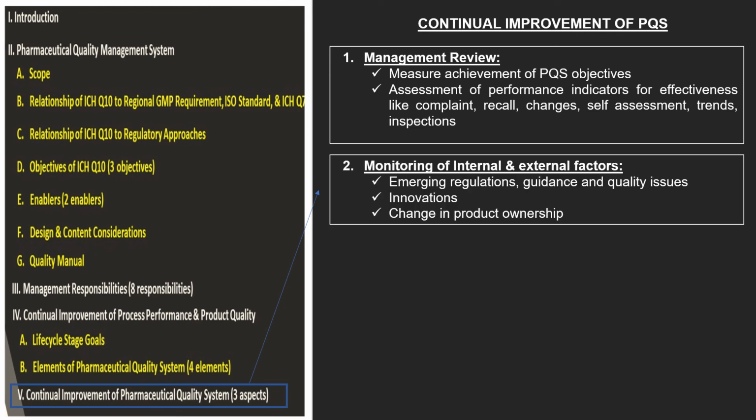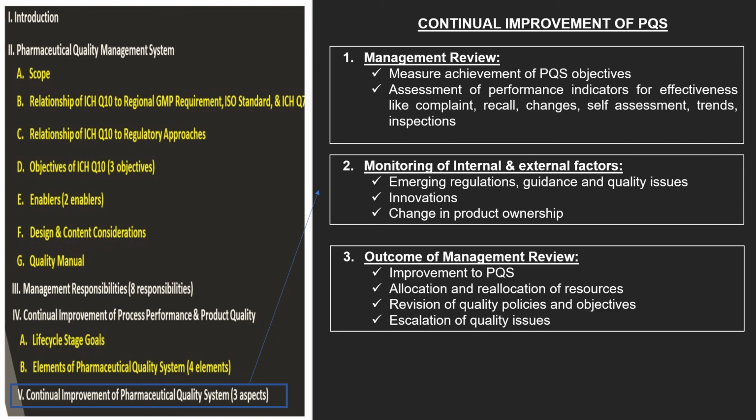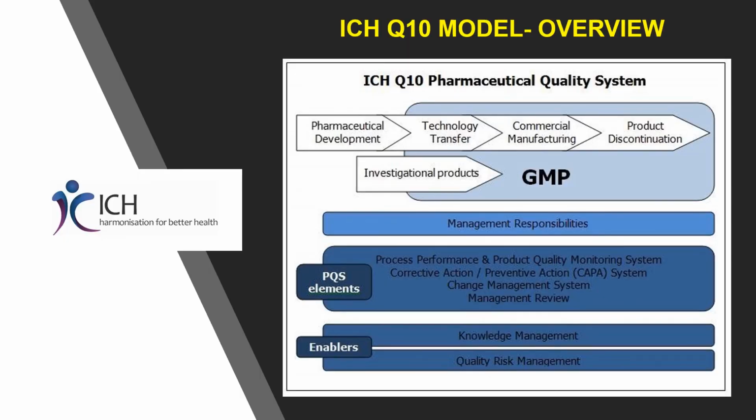Monitoring of the internal external factors like any new regulatory guidance, any new regulations or quality issues, innovations in the market that are taking place and changes in product ownership, and the outcome of management review. That is improvement to the pharmaceutical quality system, allocation and relocation of resources, revision of the quality policy and objectives, and escalation of quality.